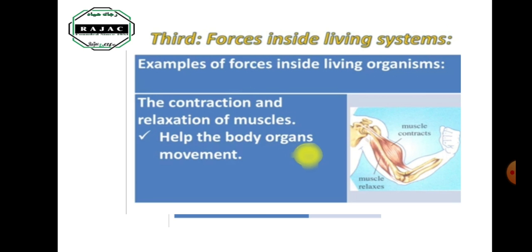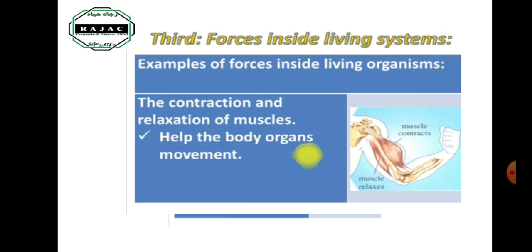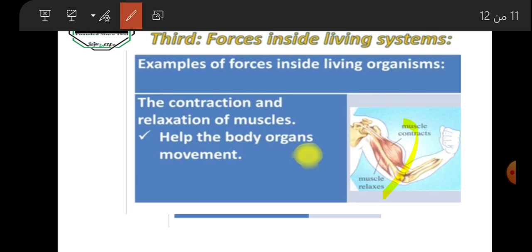The first example, the heart muscles relax and contract to help the heart to pump the blood all over the body organs. Number two, the muscles of your body relax and contract to do what? To help the body organs to move.